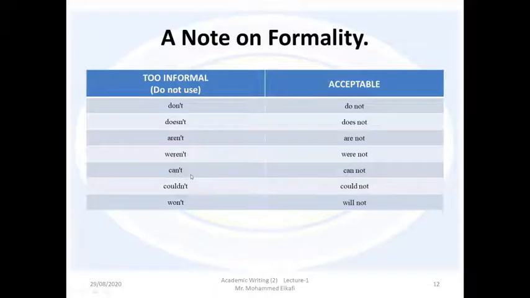Can't, write it in full as cannot. Couldn't, write it as could not. And the last one, won't, write it as will not, in full, as you see. So contractions are not accepted in academic writing, and it is accepted to write the full or complete form, without missing letters.